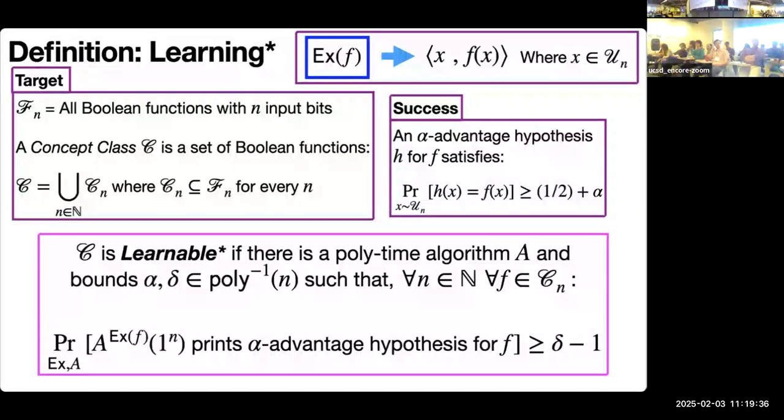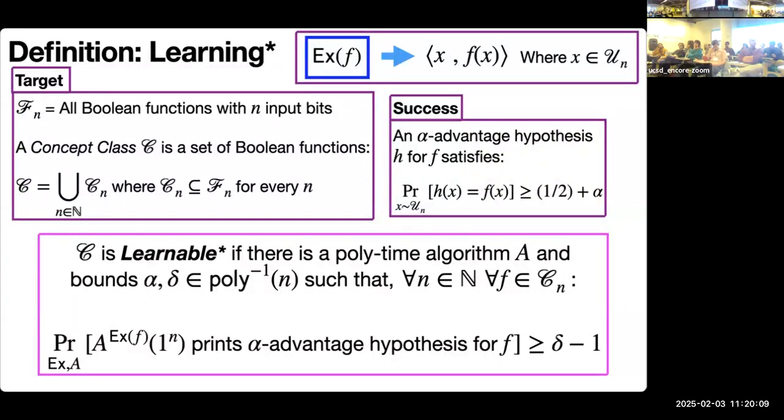In polynomial time, we can notice that this has 1 minus delta, say 99% probability, of actually spitting out a hypothesis with advantage over a coin toss. So that's pretty much all I want to say about the learning model for the duration of this tutorial talk. Again, more about this with all of these caveats removed from other talks later.